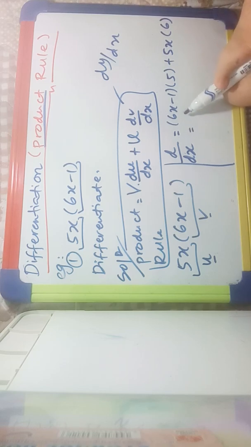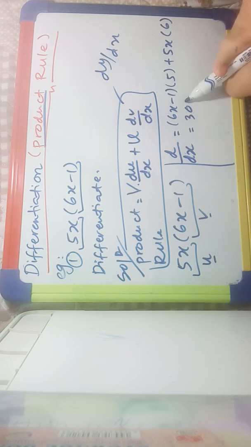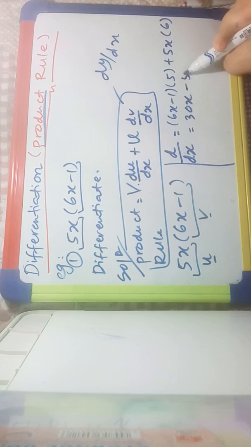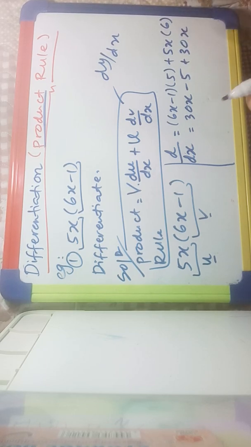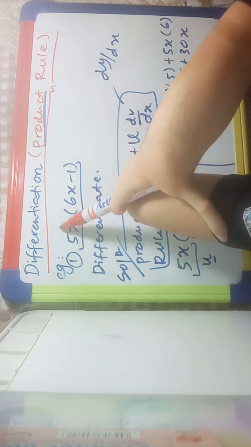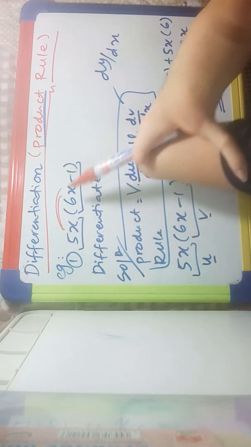Expand the bracket. Here you will get 30x minus 5 plus 30x. So the answer is 60x minus 5. This is the result of differentiating 5x multiplied by 6x minus 1. Let's see, what if I don't want to use the product rule, but I want to expand?